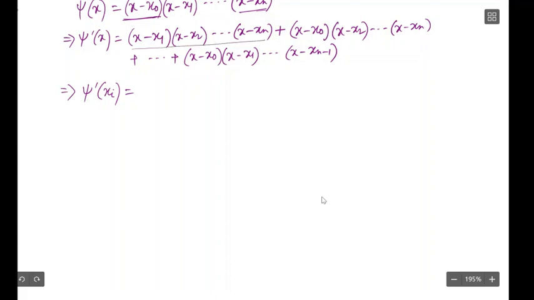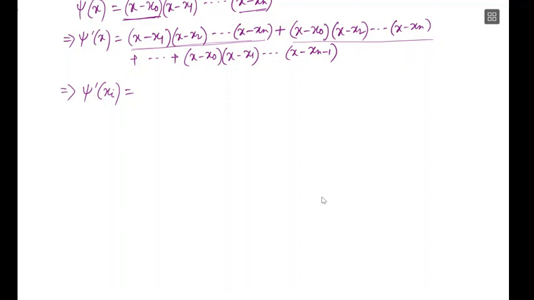In this product, x minus xi is there. So, when we put x equals to xi, this product term will become 0. In this product also x minus xi is there, it will become 0. Everyone will become 0 except one where x minus xi term is not there.